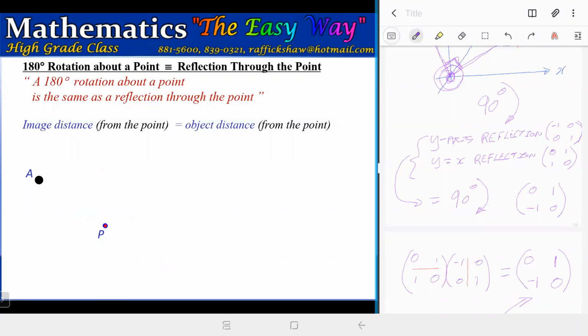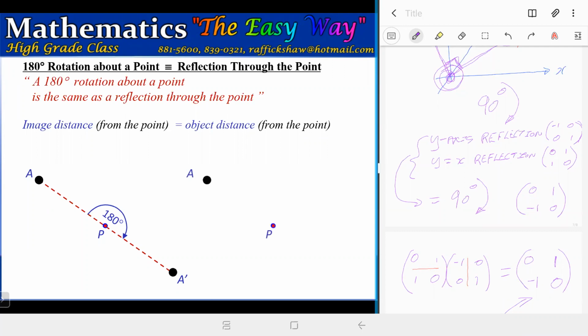Let's look at it again. I'm going to do a 180-degree rotation about the point P, rotating the point A about the point P. So I rotate it over like that. Everybody can see it rotated. I'm saying instead of doing a 180-degree rotation, in particular if you have a triangle, it is better you reflect through the point.